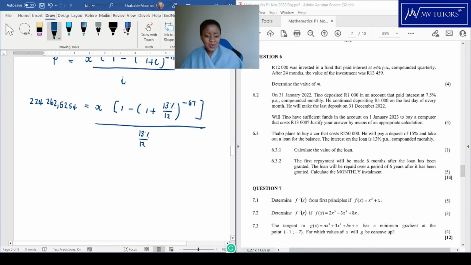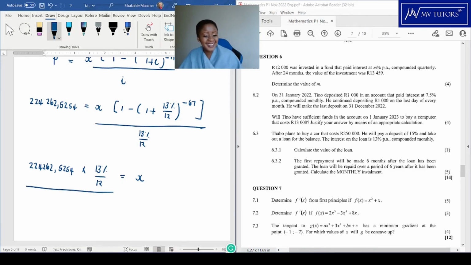Yeah. So the only unknown that we have is x. Okay, so we're gonna do some hectic calcs here, moving things around. So you have 224,262.5254, and we're multiplying it by 13% over 12. And then we're gonna divide it by 1 minus 1 plus 13% over 12 to the power negative 67.